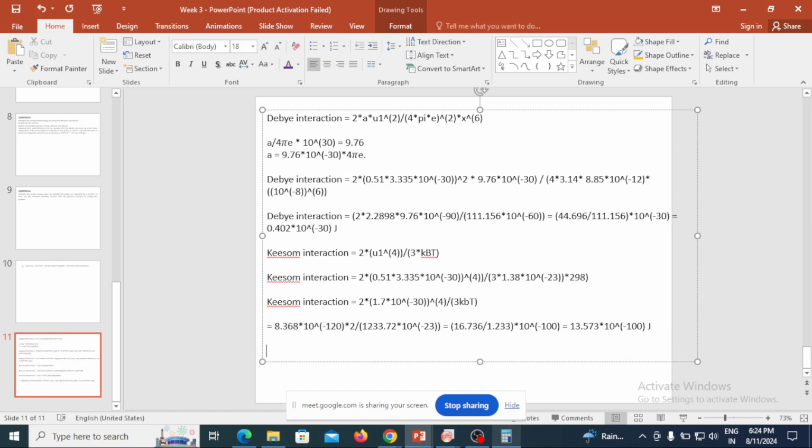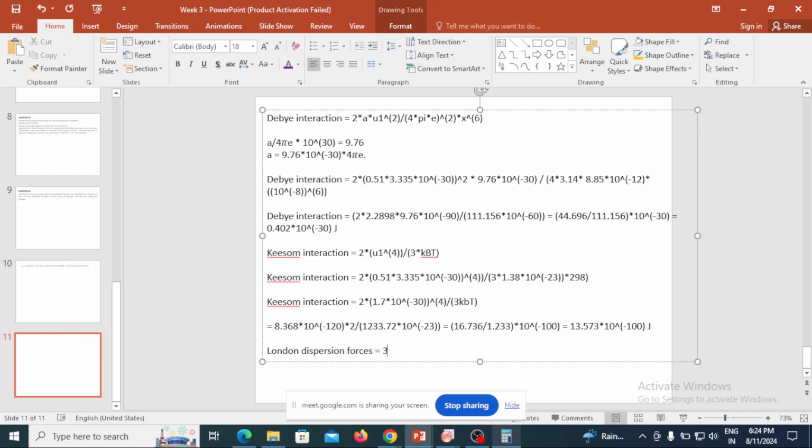Now let's calculate the London dispersion force contribution. I hope you also got the same values for Debye and Keesom. If you have calculated some other value, please let me know. By the time, I'll just write the formula.